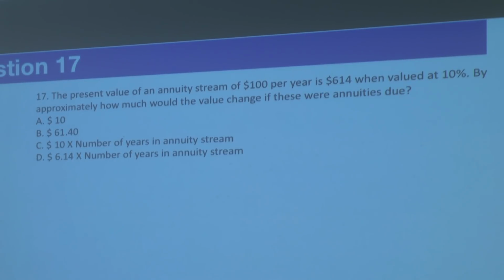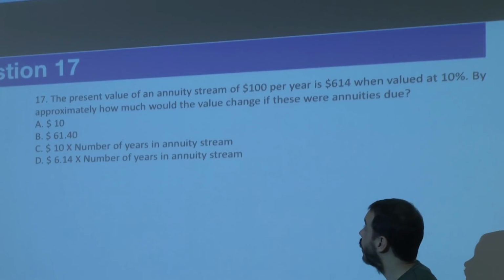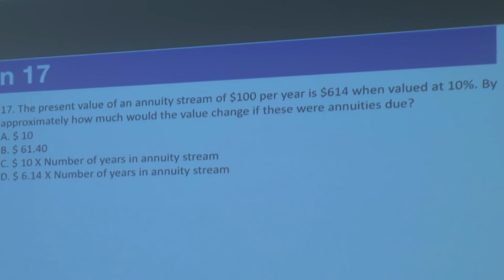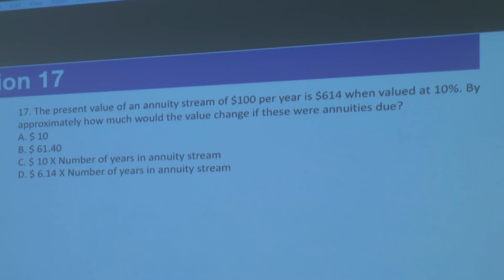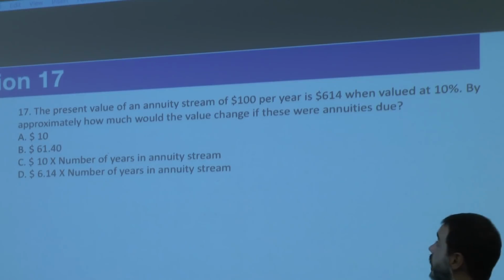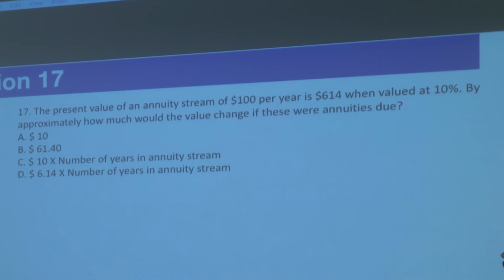The present value of an annuity stream of $100 per year is $614 when valued at 10%. By approximately how much would the value change if these were annuities due? 61.40, that is correct.